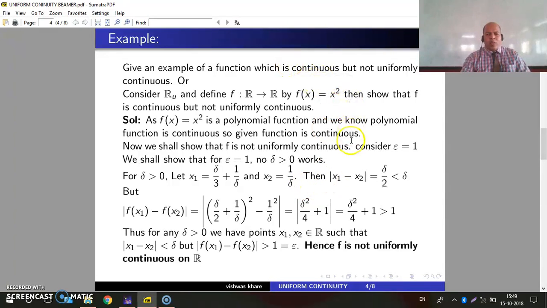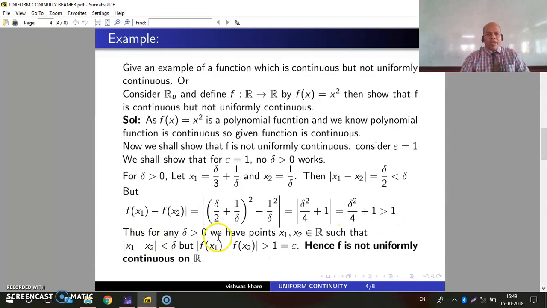Then modulus of x1 minus x2, which is equal to delta by 2, is less than delta. But modulus of f(x1) minus f(x2) equals (delta by 2 plus 1 by delta) whole squared minus 1 upon delta squared, which is equal to delta squared by 4 plus 1, which is greater than 1.